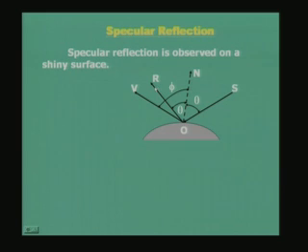And I must tell you here that the vectors r, n and s are on the same plane, whereas the vector v can lie anywhere in 3D. You should visualize this figure in 3D, where r, n and s are on the plane you are seeing, and the view vector v can be anywhere else in 3D.